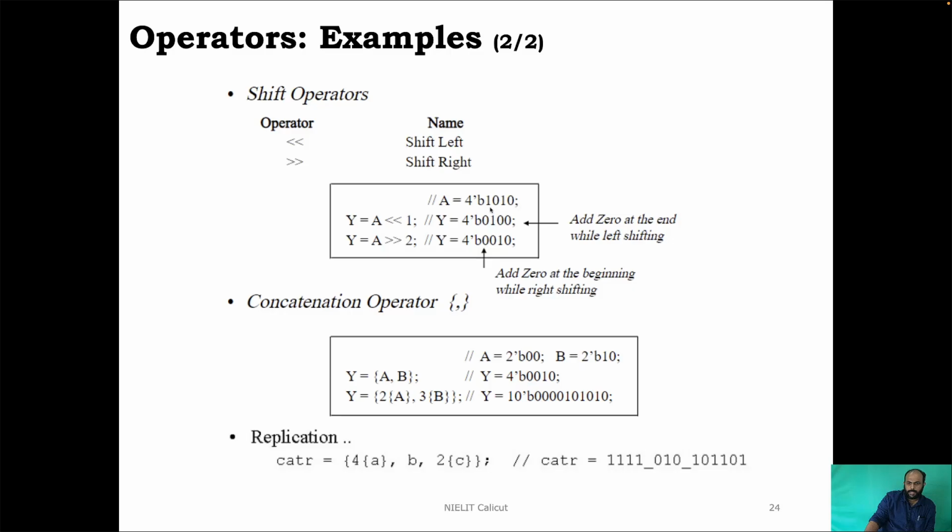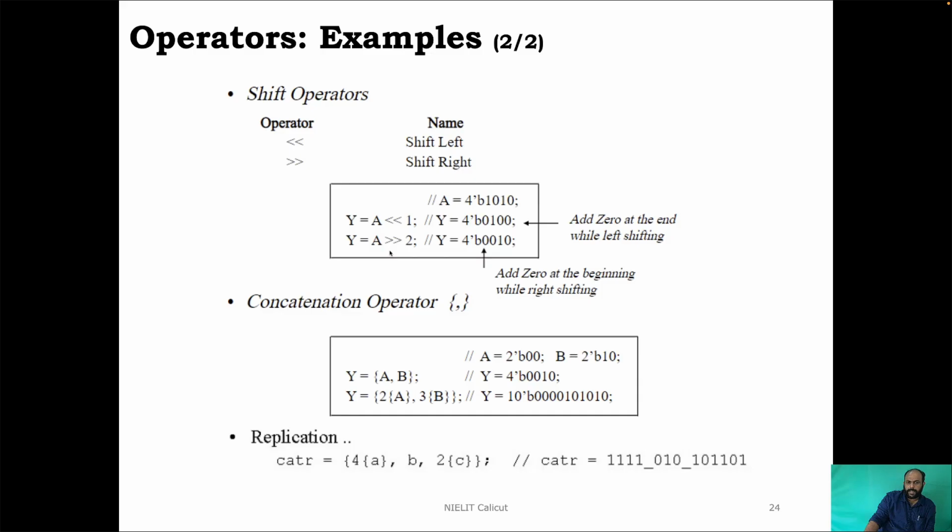The most significant 1 of A will be shifted out and lost. Then the next 0 will come as the MSB, the next 1 will come as the next bit, the least significant bit 0 will become the third bit, and there is a gap, which will be filled with a 0 while shifting to the left.